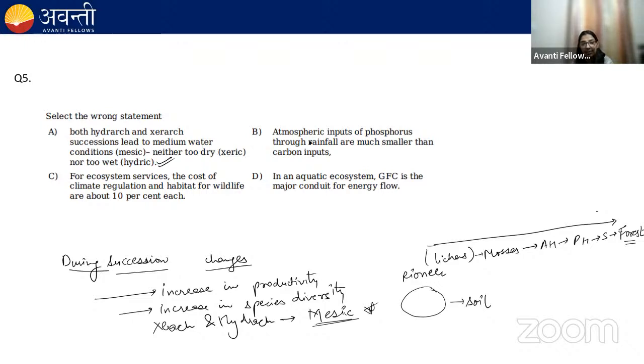Yes, this is correct. B says atmospheric input of phosphorus through rainfall is much smaller than carbon inputs. This is also true because we know that the phosphorus cycle is a sedimentary cycle. The major reservoir of phosphorus is the earth crust or the rocks. And the phosphorus is present in the rocks in the form of phosphate.